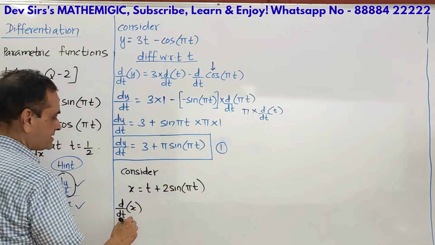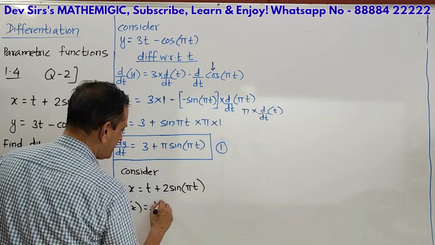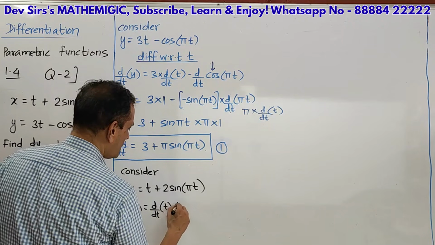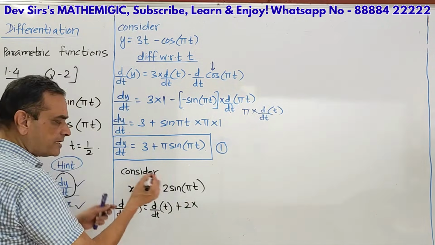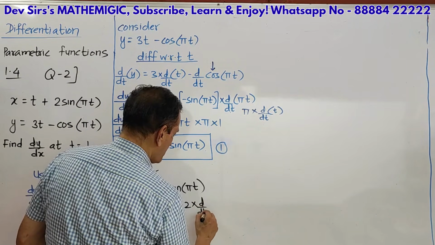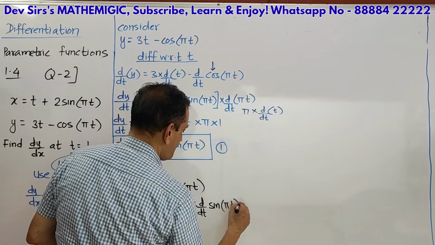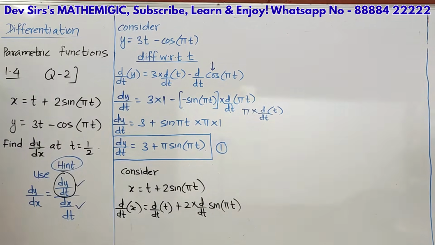So d by dt of x, d by dt of t. Two constant, keep it aside. d by dt of sin pi t, sin of pi into t.